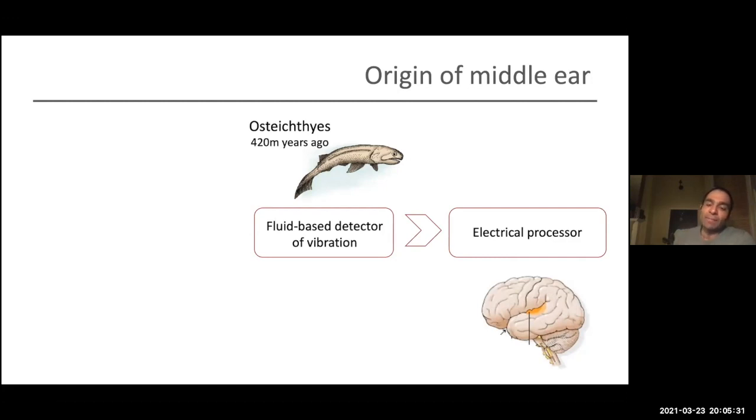And we can find remnants within the fossil record of a fluid-based detector of vibration. Essentially, a cyst of fluid developed within the body of these creatures, and that allowed detection in terms of vertical and horizontal plane, but also detection of vibrations coming from the water, which again would help to detect prey or escape being prey yourself, because even sharks are around at that sort of stage.